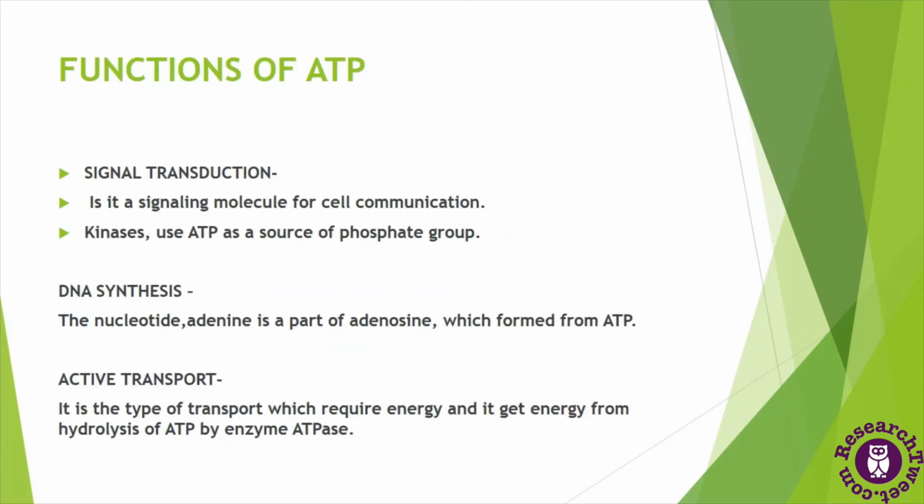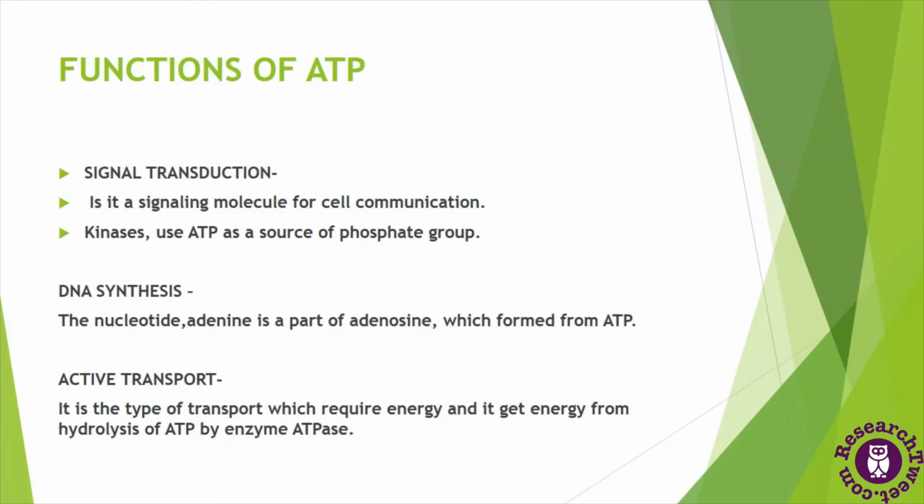So now let's understand the functions of ATP. There are numerous functions of ATP, but there are some major functions. Like, it acts as a signal transduction molecule which is used for cell communication. We all have known about kinases, which are very useful enzymes for the process of cell signaling, and these enzymes use ATP as the source of phosphate group.